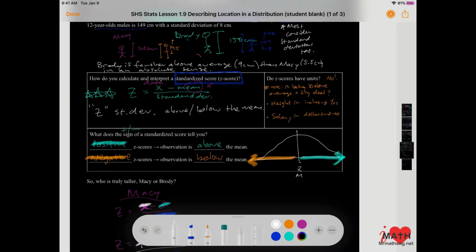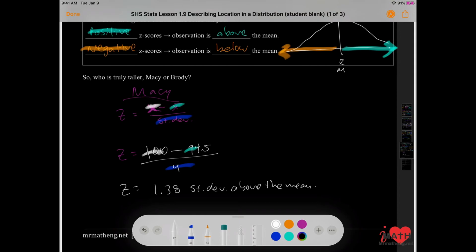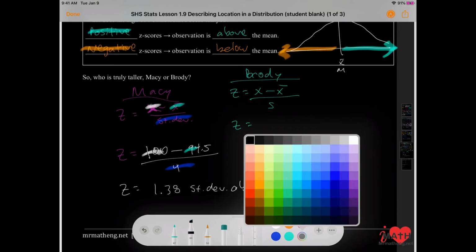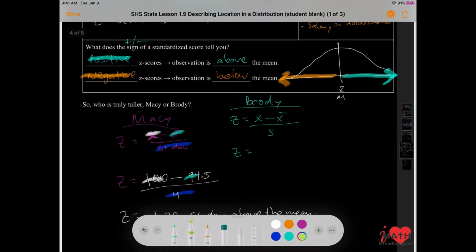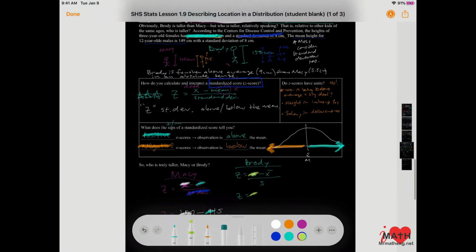All right, let's do Brody. Write down the formula. Remember, standard deviation is going to be abbreviated with s. Okay, so let's figure out his z-score. How tall was Brody?